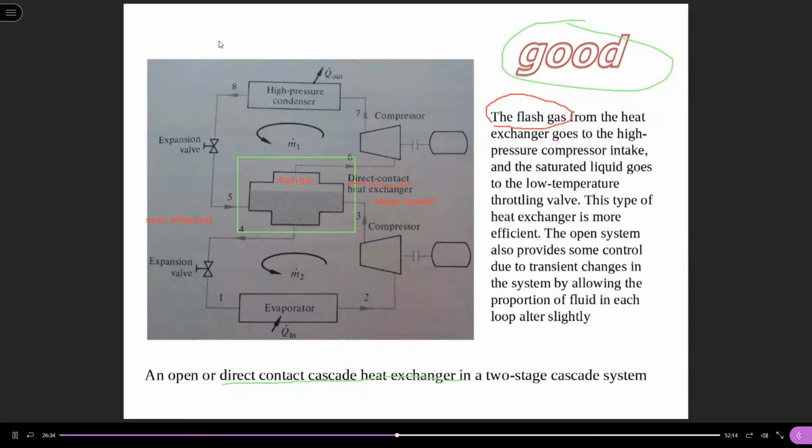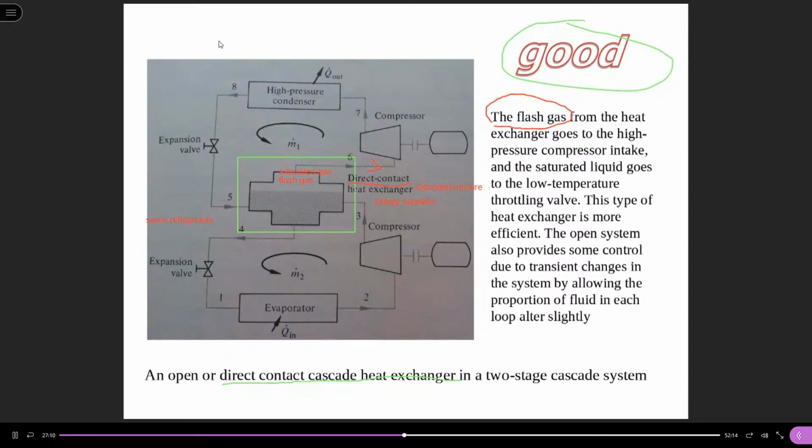The saturated gas, or the flash gas, from the heat exchanger will enter the high pressure compressor intake, okay? And then is compressed to high pressure, experiences condensation, then to state 8, then through throttling to state 5.